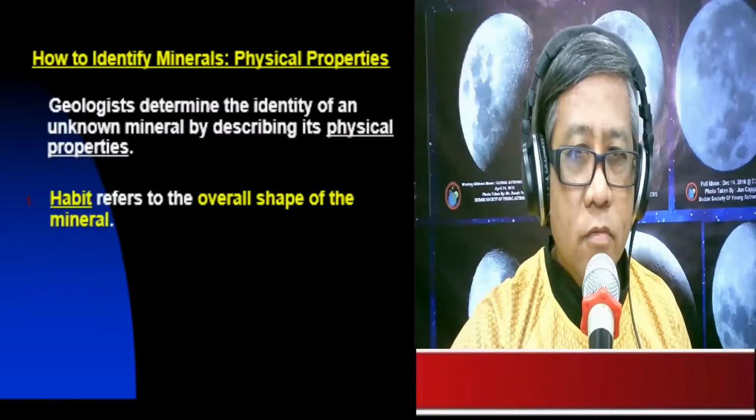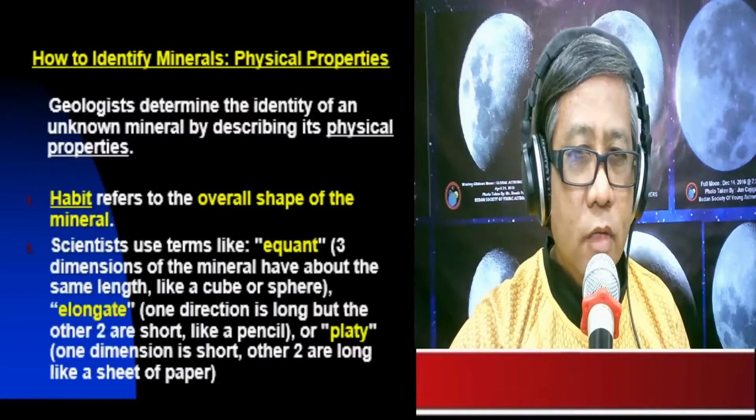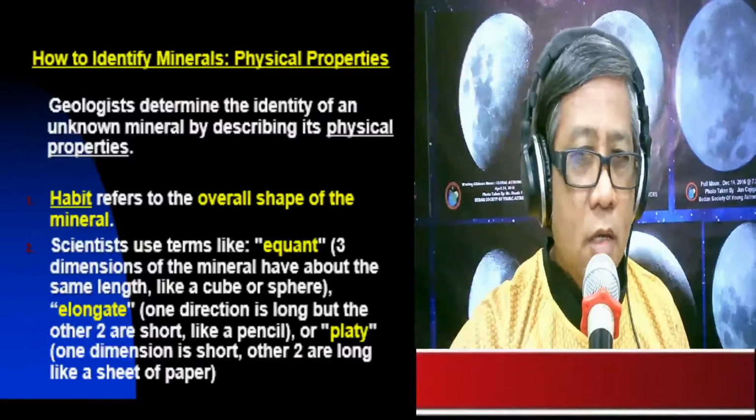Habit refers to the overall shape of the mineral. Scientists use the following terms to describe the overall shape of the mineral, like the term equant. When you say equant, the mineral has three dimensions about the same length, like a cube or a sphere.